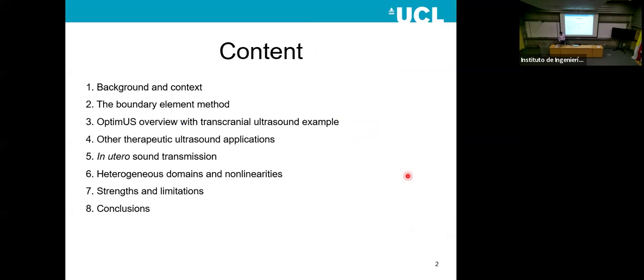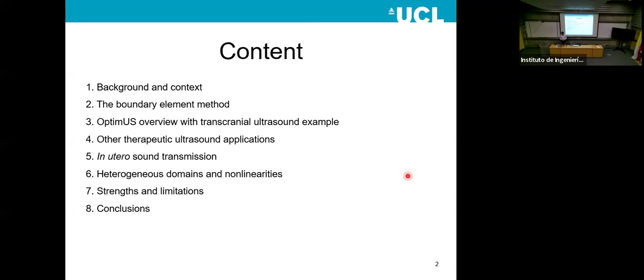A summary of the content of the talk. I'm going to introduce the background and context, particularly this field of therapeutic ultrasound, which you might not all be familiar with. I'm going to talk to you about the boundary element method and why it's particularly suitable to deal with a class of problems that we're interested in, in the context of therapeutic ultrasound treatment.